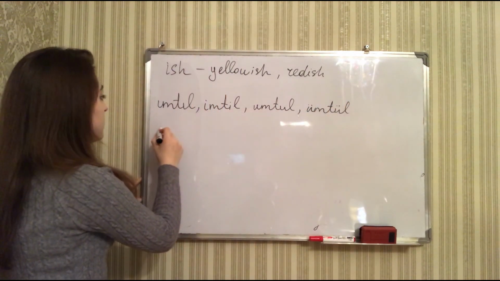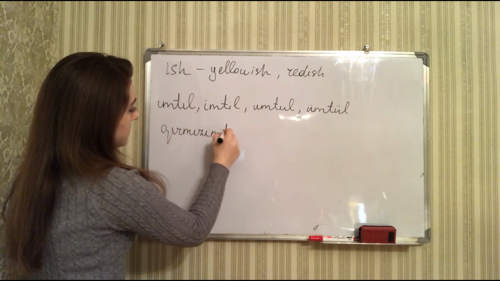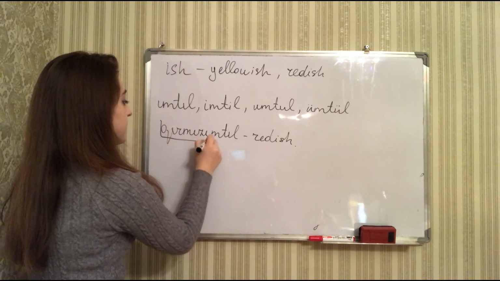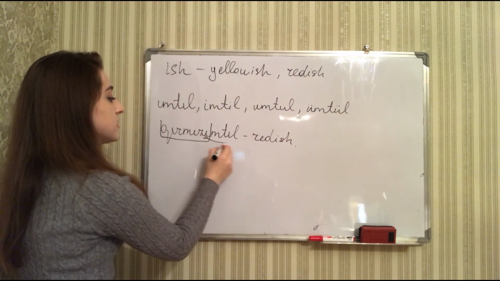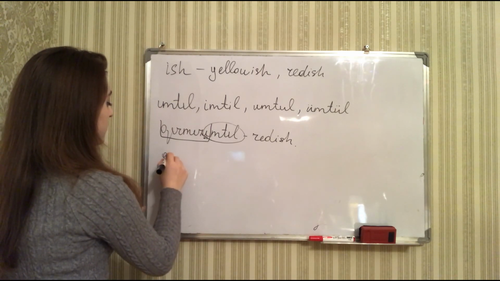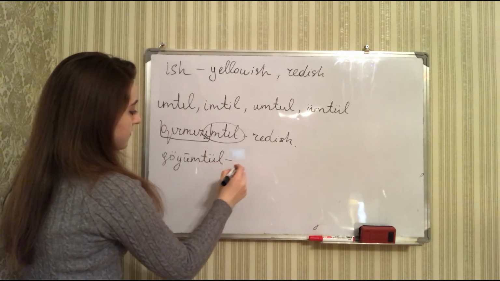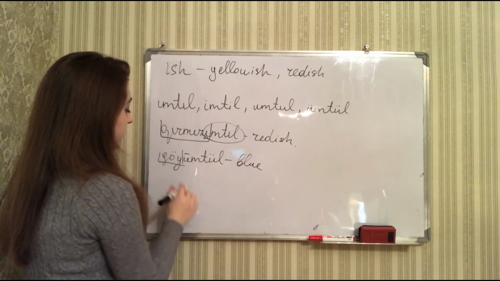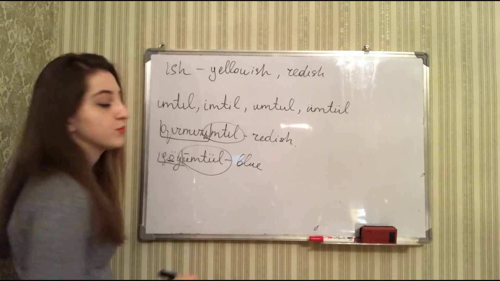Okay, for example, kırmızımtıl, reddish. Kırmızı, hard vowel, that's why I add ımtıl after that. For example, göğümtül, blue, göy. Göy is soft vowel, that's why I added ümtül.